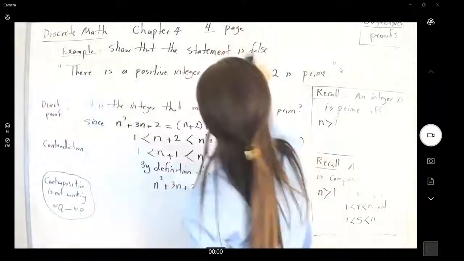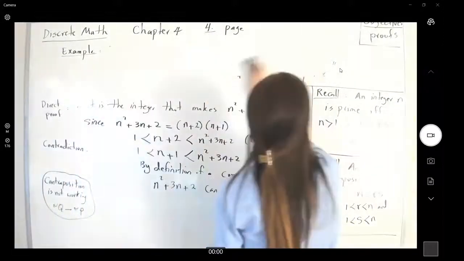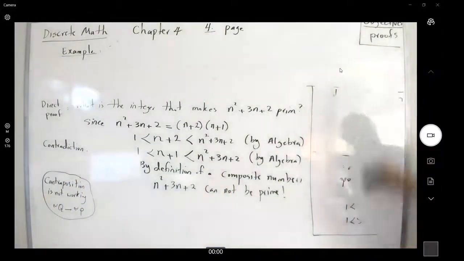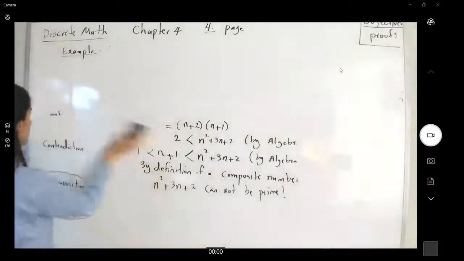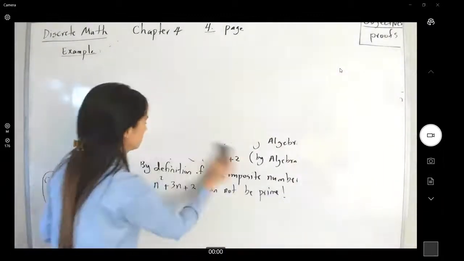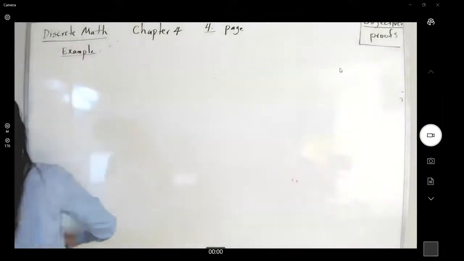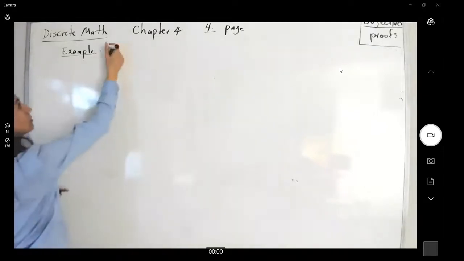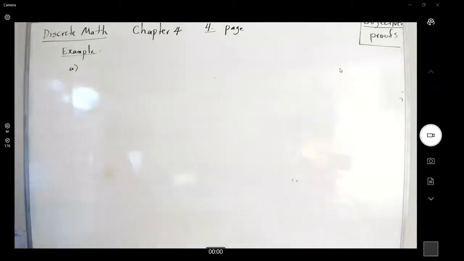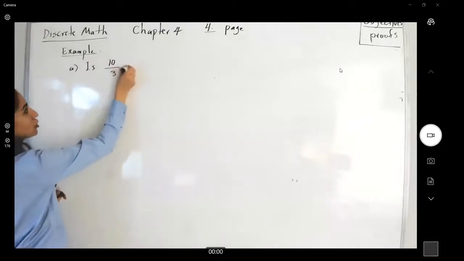Next example. The first example says, is 10 divided by 3 a rational number?